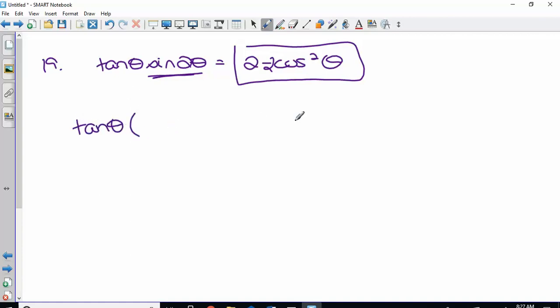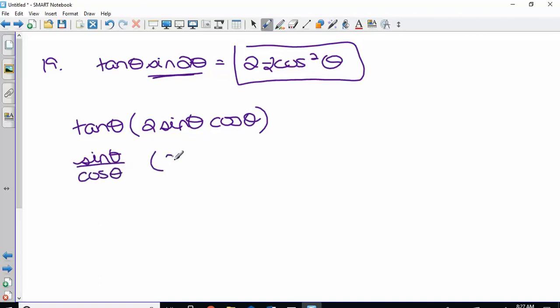Okay. So if I start there, what is sine 2 theta equal to? If there's no other obvious formulas, we usually change things to sine and cosine. So I would change tangent to sine over cosine, and that's one you have to know. It's not on the formula sheet.